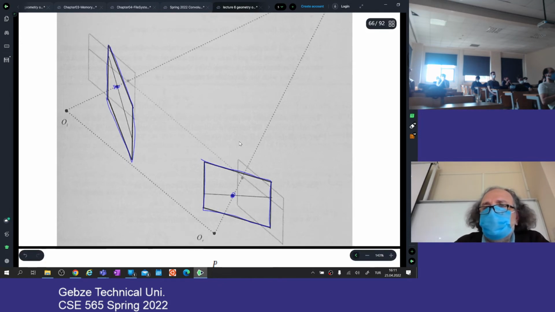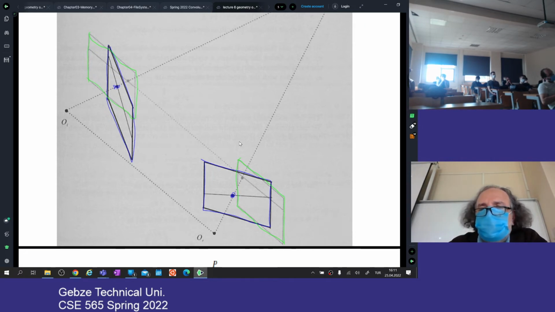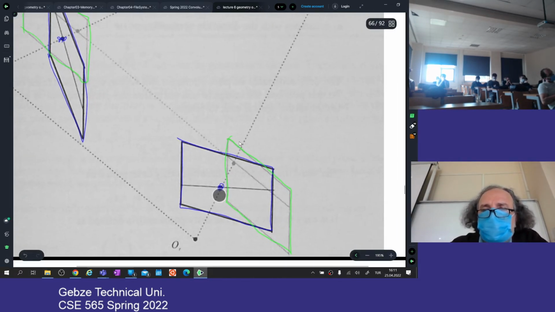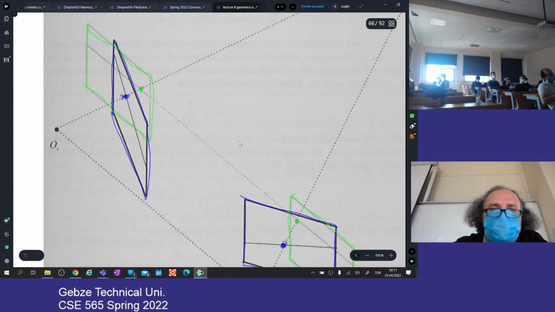Somebody says, why don't I transform this image into an image like this, a virtual camera like this virtual camera and this virtual camera? They see the same scene, but instead of seeing it like here, it will see it here, and instead of seeing it like here, it will see it here.